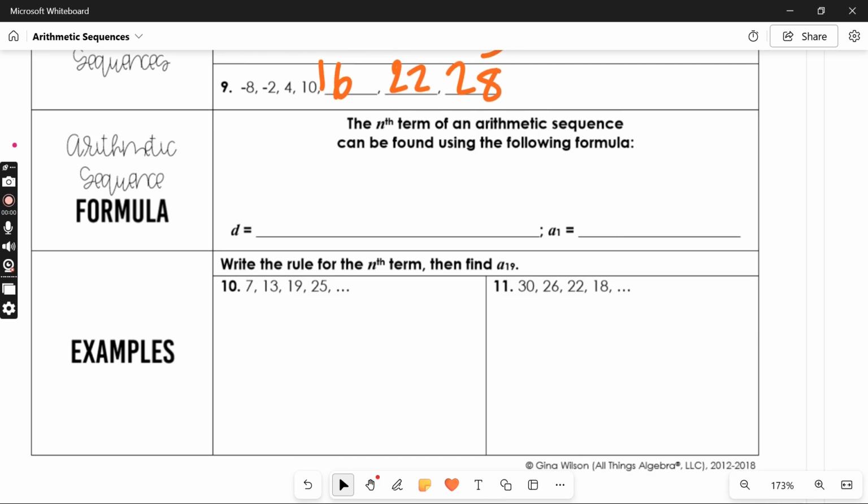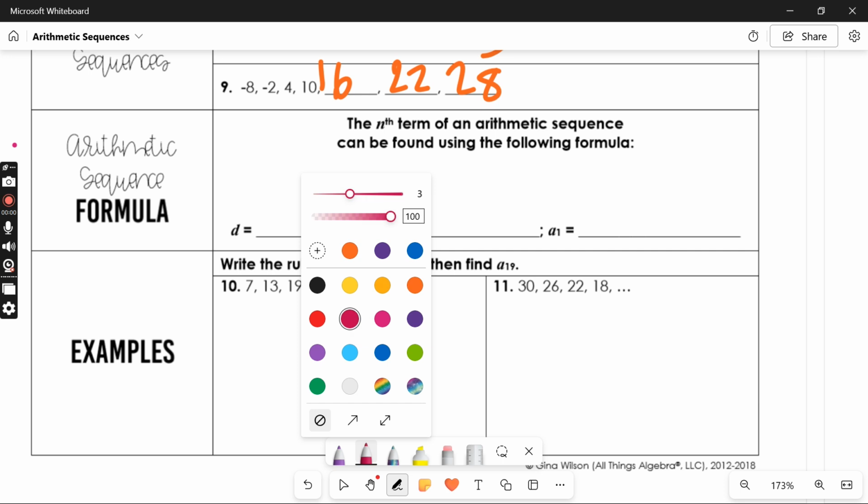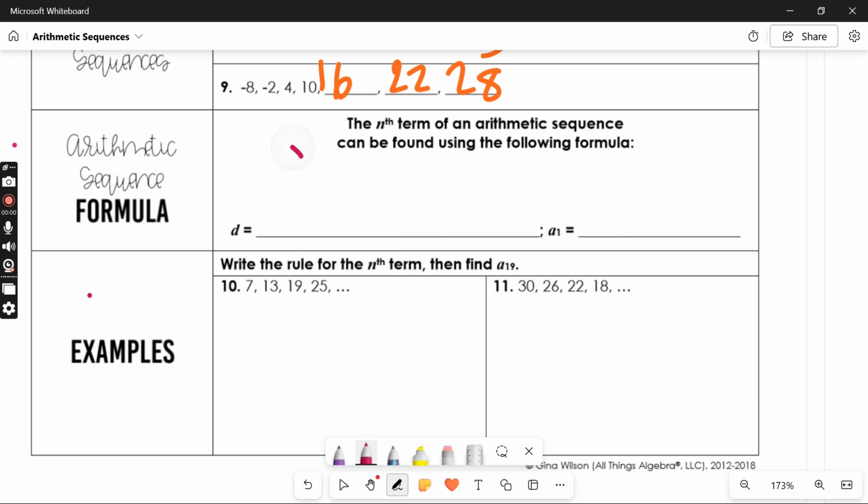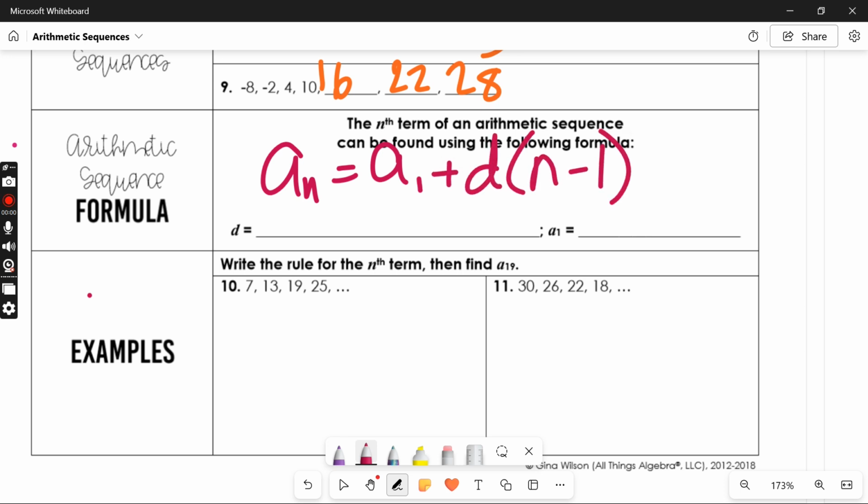Now we're going to talk about how to find the formula and how to find a specific term. Our formula for an arithmetic sequence is a sub n, a little n, equals a sub 1 plus d times n minus 1.